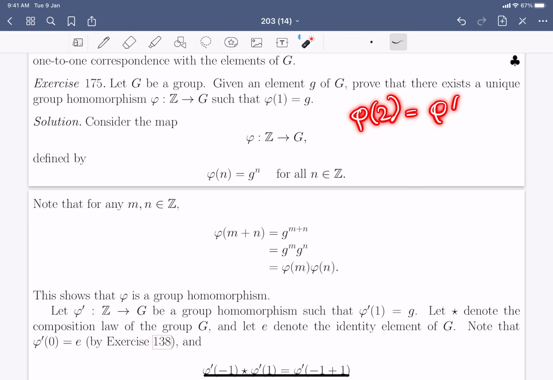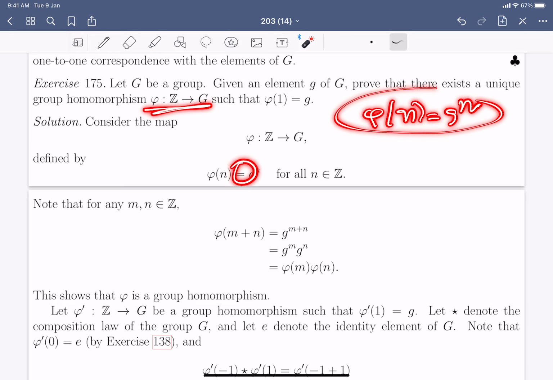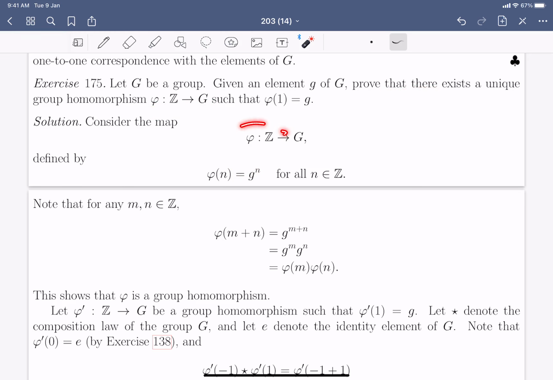Phi of 2 would be phi of 1 plus phi of 1, so that is phi of 1 composed with phi of 1, which is g squared. More generally, if phi of 1 is equal to g and if phi is a homomorphism, then phi of n has to be g power n. So you are forced to have this equality. So you define this map phi from Z to G by the condition that you are forced to have.